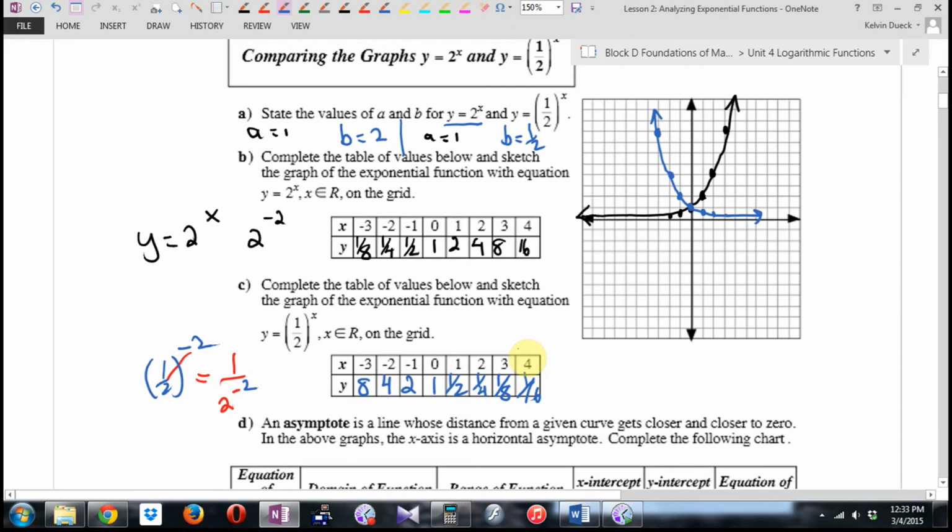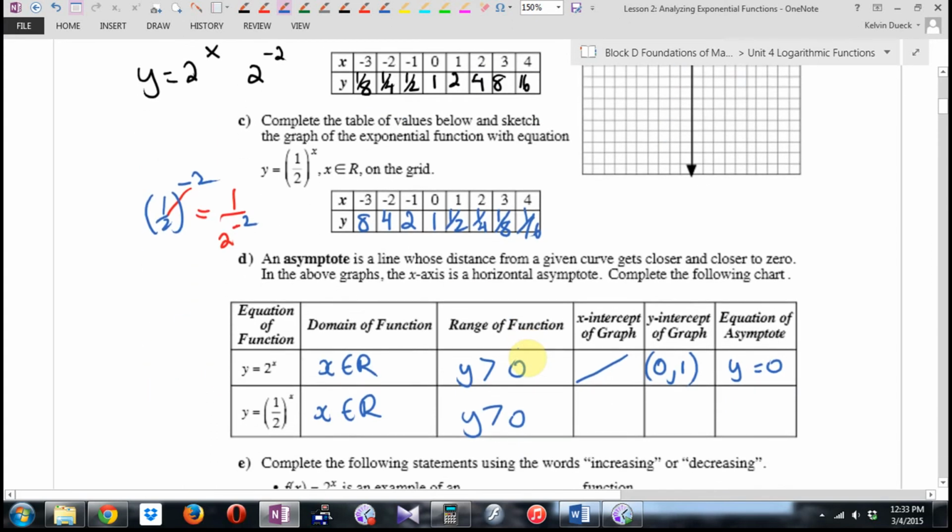It's a trick question. Y-intercept, 0, 1, asymptote. So, aside, Matt, from the shape, all exponential graphs have the same domain, same range, same x-intercept, none, same y-intercept, same equation of asymptote.